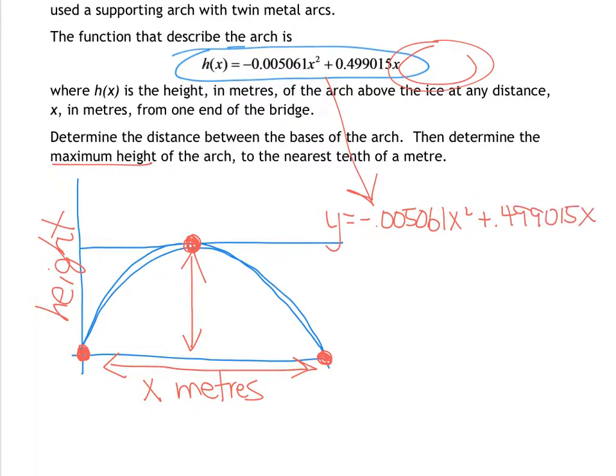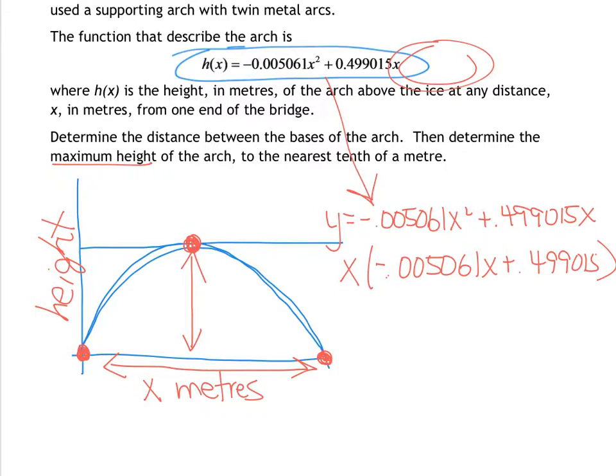If I partially factor that, I can take out an x, and I'm left with negative 0.005061x plus 0.499015. All I did was factor out an x.